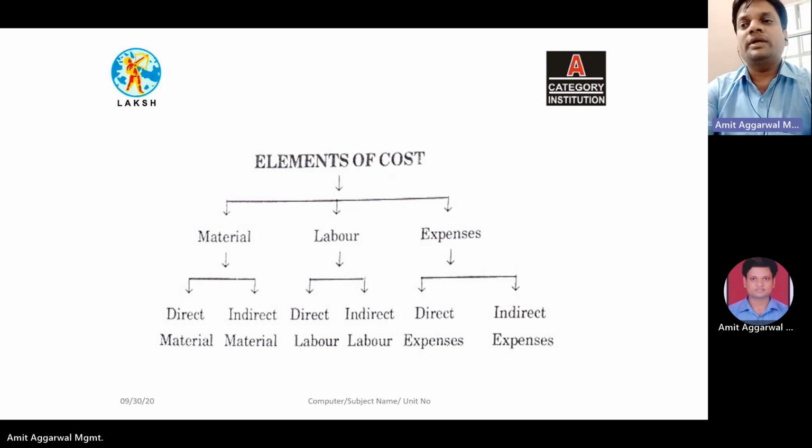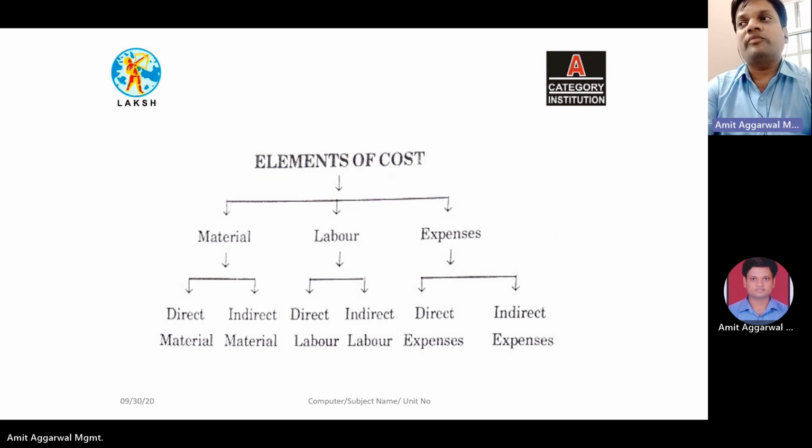So on this topic today, I'm here to discuss, in this video lecture, the elements of cost. What are the elements that make the cost of any product? Because this is a basic question in front of any buyer before purchasing the product.